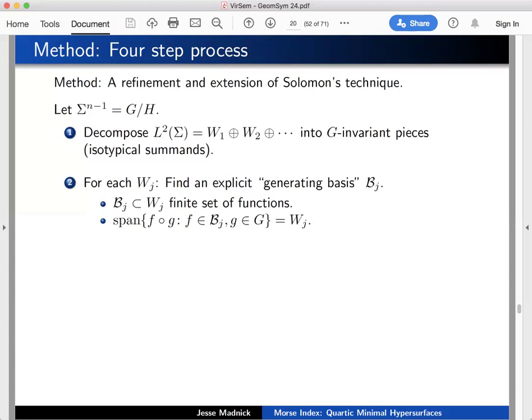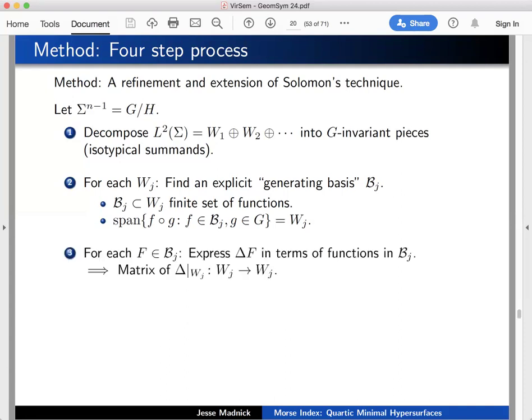It doesn't exactly span Wj. It spans a much smaller subspace of Wj. But the point is that by G-invariance, this relatively small collection of functions is enough to understand the Laplacian on all of Wj. The fact that Bj doesn't span all of Wj is a feature, right? The fact that Bj is so small is a good thing.